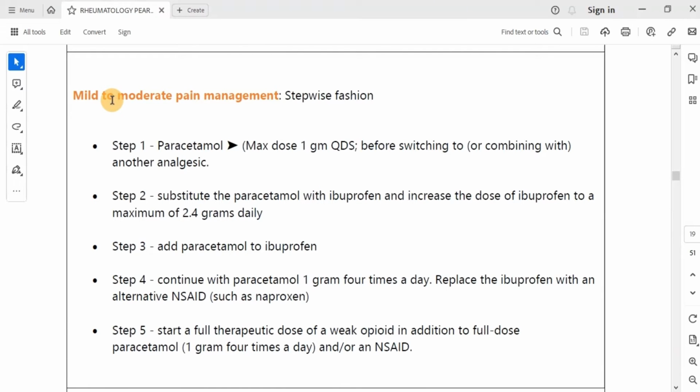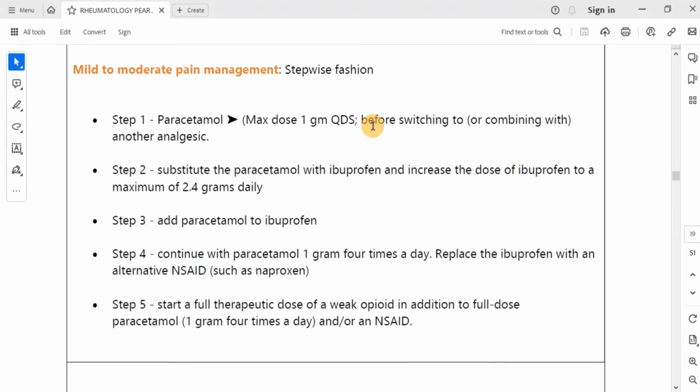Next one is mild to moderate pain management in a stepwise fashion. Step one would be to start with paracetamol, and the maximum dose is 1 gram 4 times daily, before switching to or combining with another analgesic. Step 2 is to substitute paracetamol with ibuprofen and increase the dose of ibuprofen to a maximum of 2.4 gram daily.